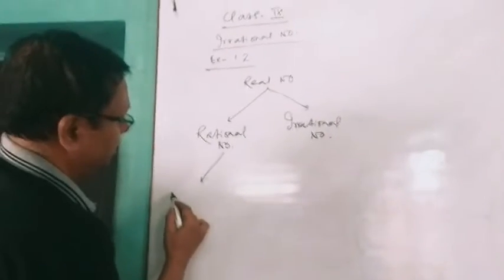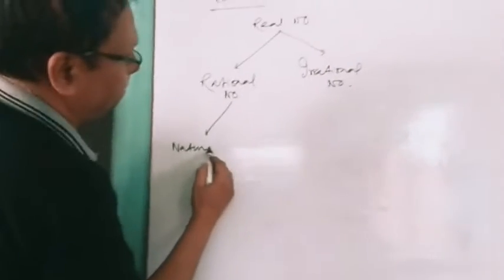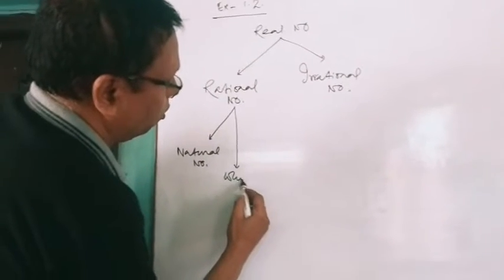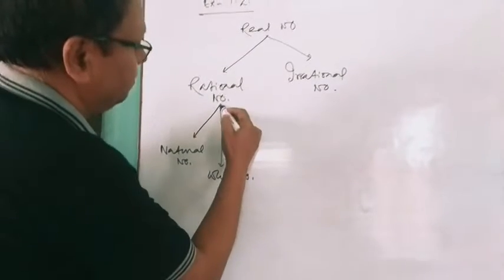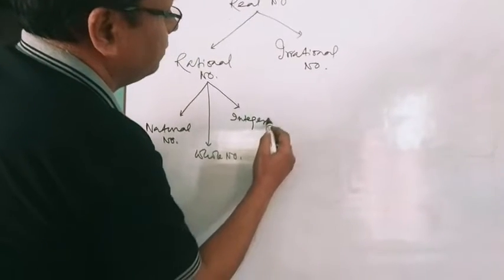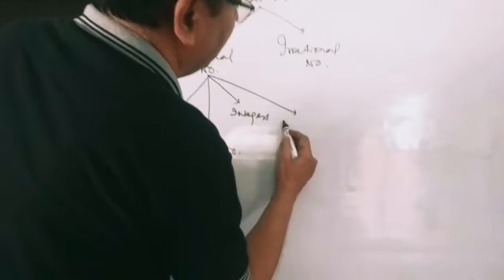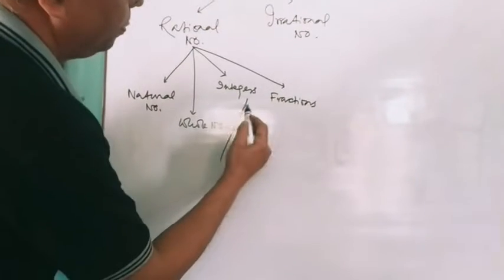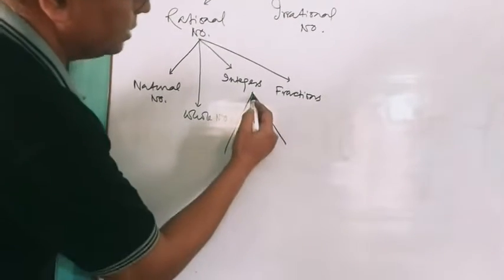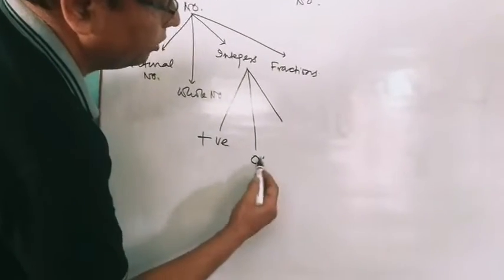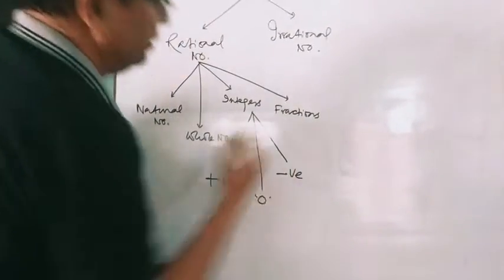Rational number: natural number, whole number, integers, and fractions. Integers: positive integer, 0, and negative integers.